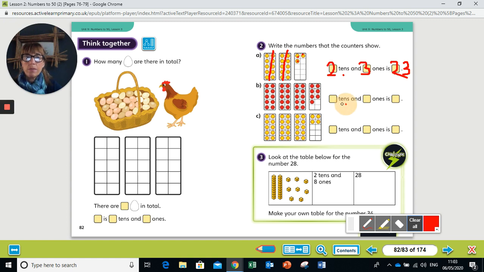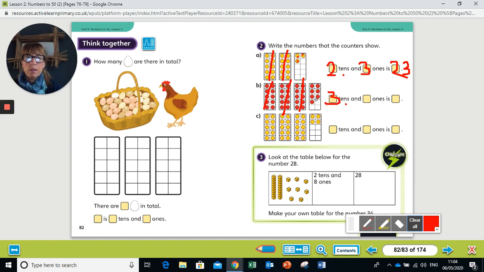How many tens have we got? There's 1 full set of 10, 1 10, 2 tens, 3 tens. Oh, I nearly said 4 tens, but that isn't a whole 10, is it? So we've got 1, 2, 3 tens.